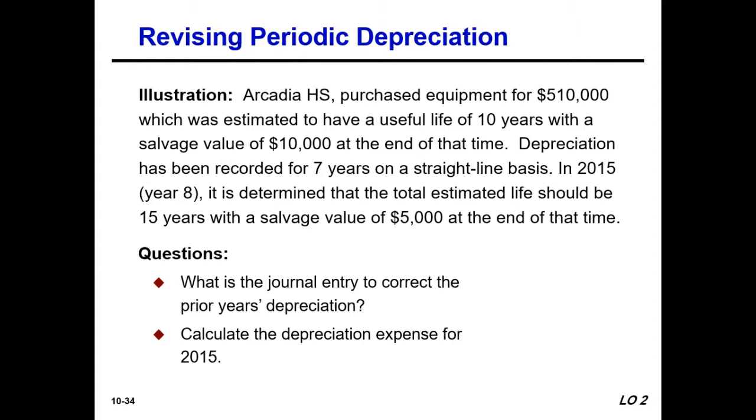Okay, thank you. Now, Arcadia HS purchased an equipment. This is the example we are looking at, for 510,000, which was estimated to have a useful life of 10 years with a salvage value of 10,000 at the end of that time. Depreciation is recorded for 7 years on the straight line basis.